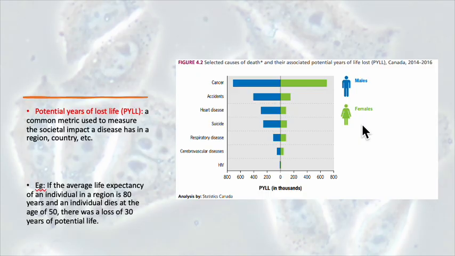This takes all these other diseases into account, accidents, heart disease, suicide, respiratory disease. So cancer is largely the very leading contributor to potential years of life lost, or the term PYLL.